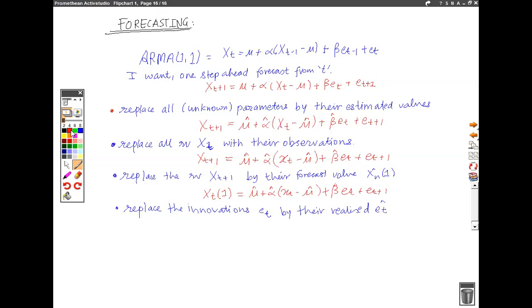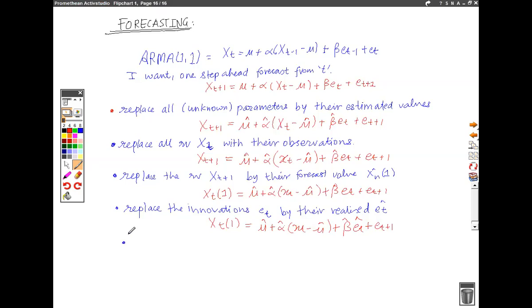So what you will write here is my xt1 is mu hat plus alpha hat times xt minus mu hat, plus beta hat et hat plus et plus 1, right?